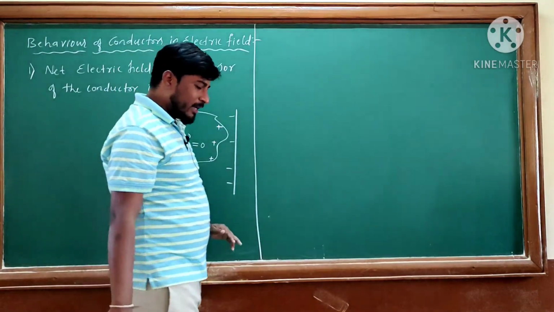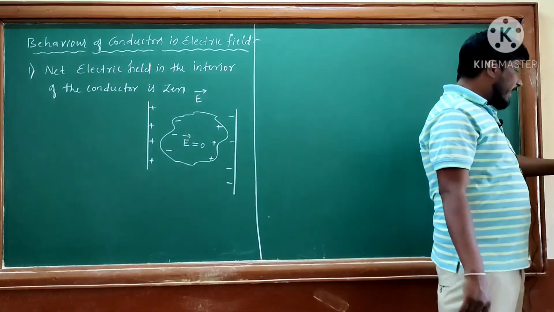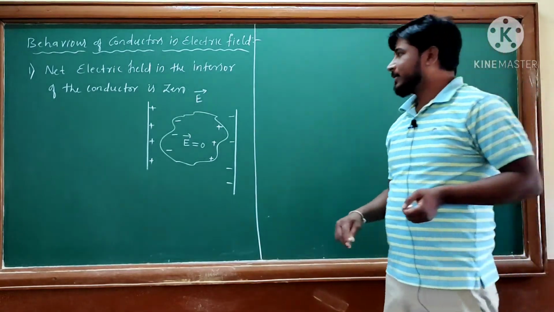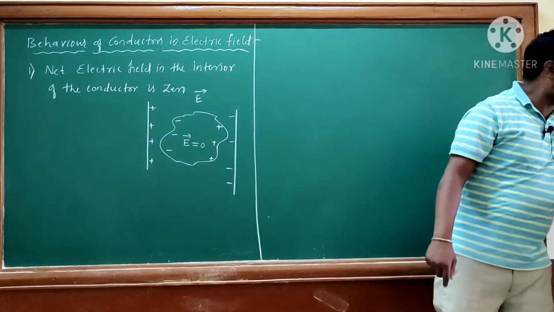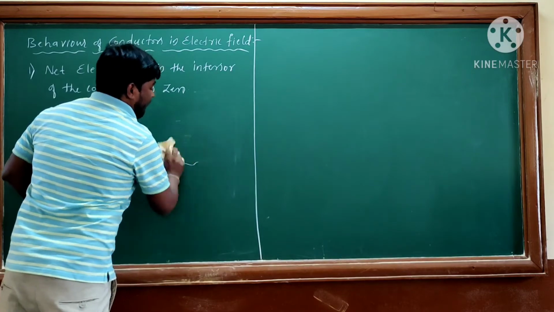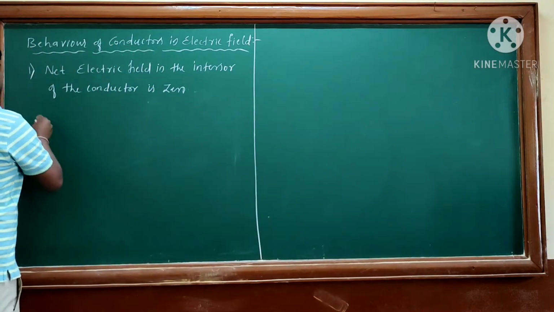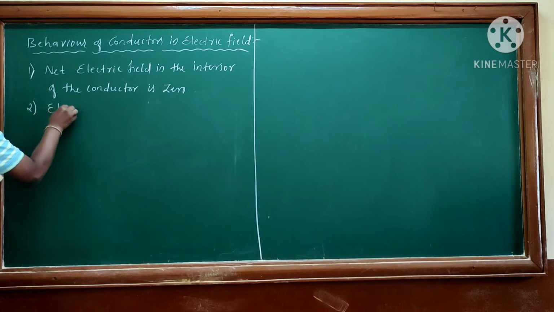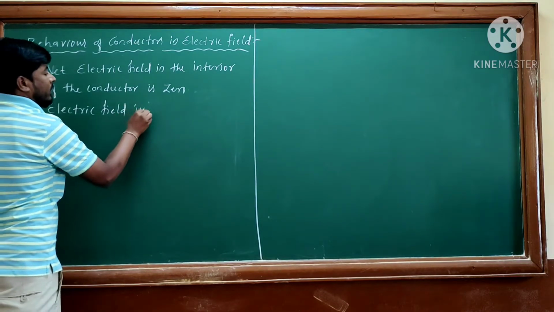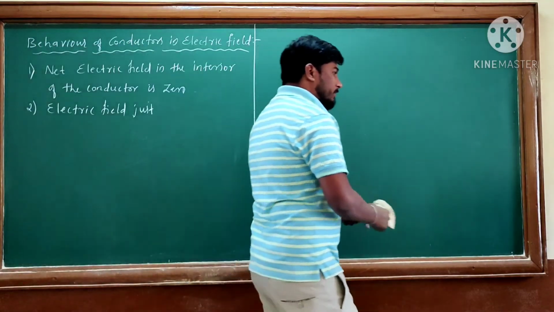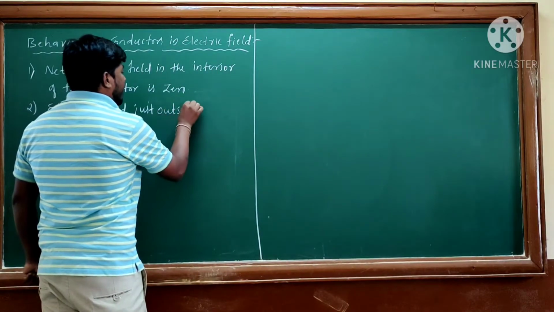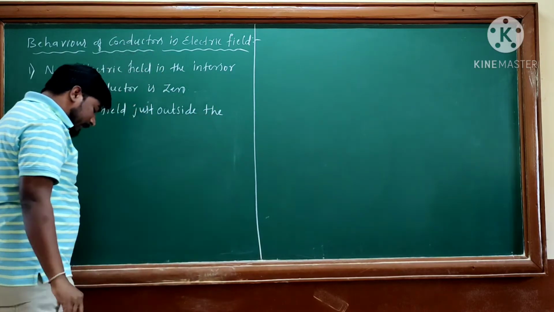The next point, the second point, is the electric field just outside the charged conductor.